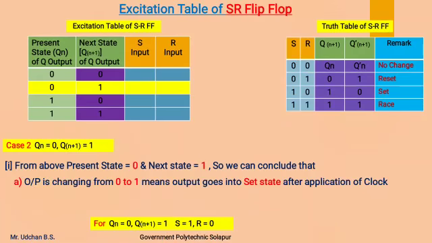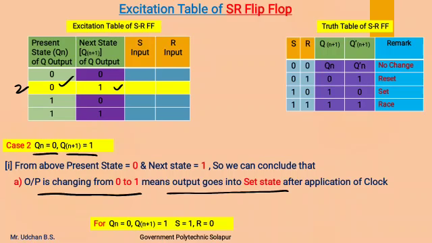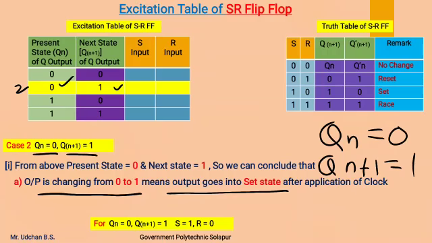Now we will see the second case, in which present state is 0 and next state is 1, that is Qn is 0 and Qn plus 1 is 1. So from that we can say that the output is changing from 0 to 1, means output goes into the set state after the application of clock pulse. Before the application of clock pulse Qn was 0, and after the application of clock pulse Qn plus 1 becomes 1.